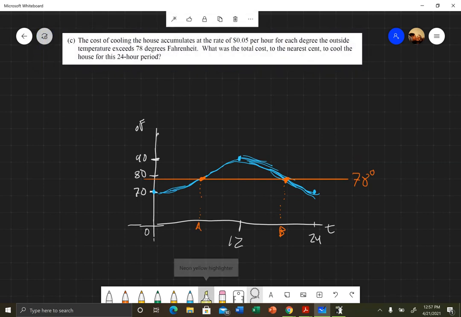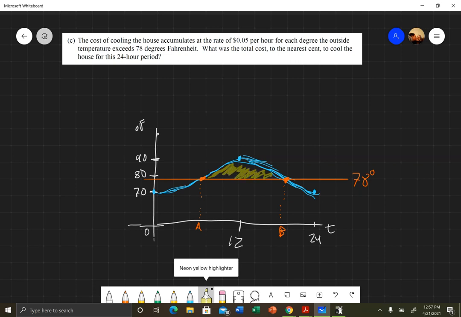And what I'm looking for specifically is this little bit right here. Okay, all I'm looking for is this area. I'm looking for that area between those points A and B because that's when the air conditioner kicks on, right? That's the only time that the air conditioner kicks on. So that's the only time that there's going to be a cost associated with anything going on.